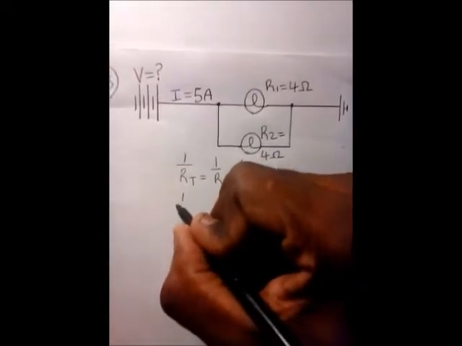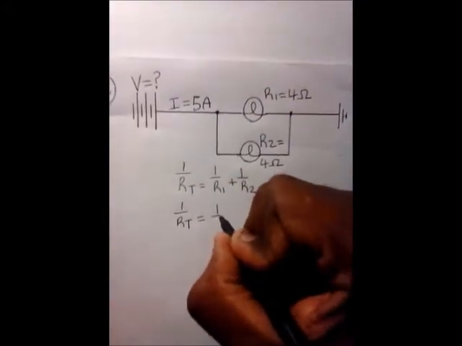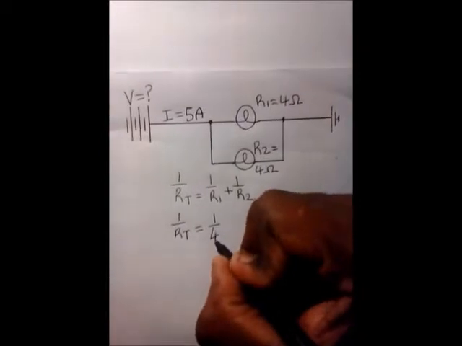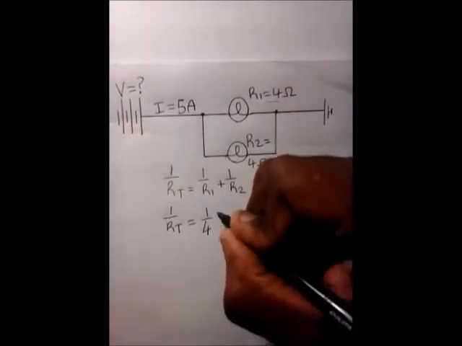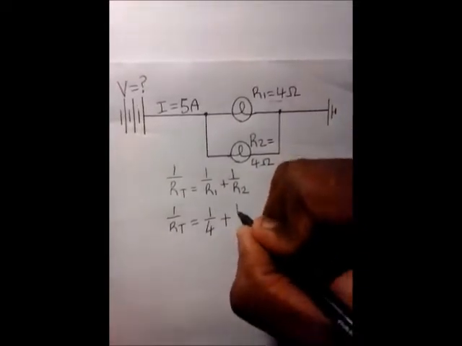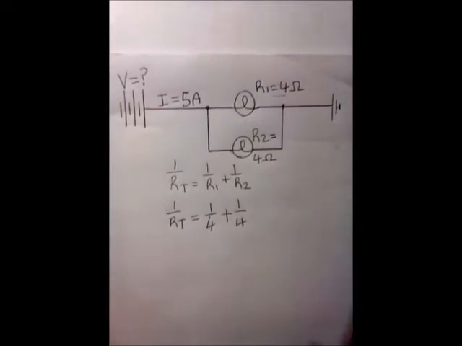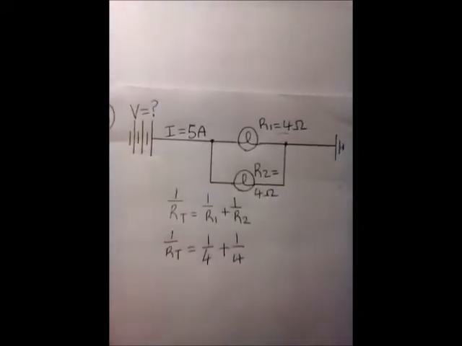So 1 over the total resistance equals 1 over R1, which is 1 over 4, plus R2 is 4 ohms, so it's 1 over 4 again. It's not hard, guys. You can do this.